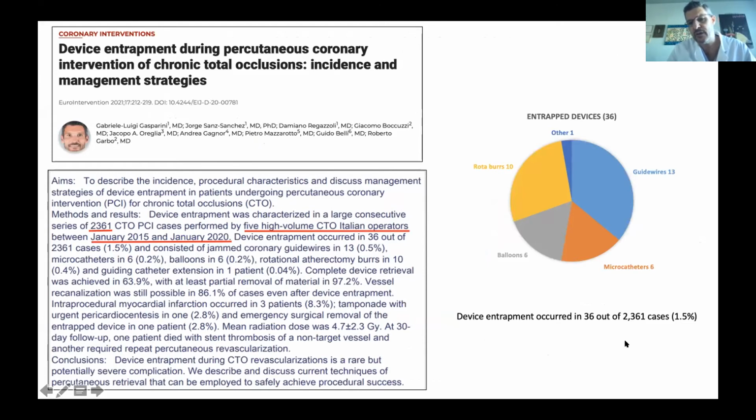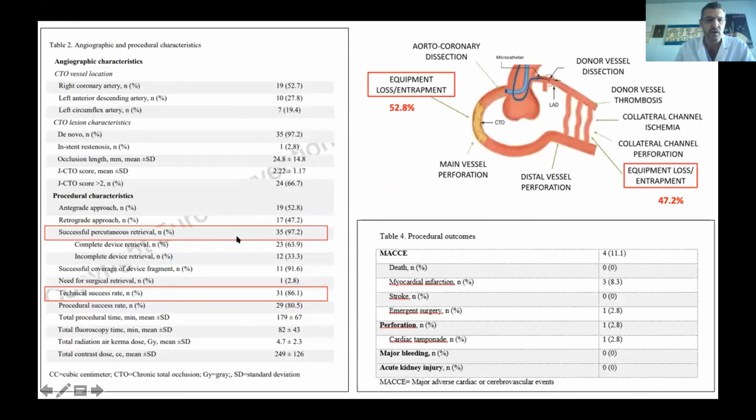As you can see here, device entrapment occurred in 36 out of more than 2,000 procedures, with an incidence of 1.5%. The most frequently entrapped device was the guide wire, followed by Rotablator entrapment, and then balloon and microcatheter entrapment.